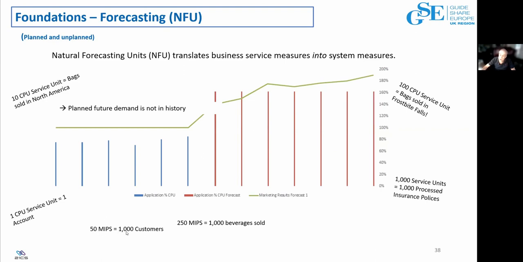If you had a marketing forecast that you're going to increase your business by 1,000 customers, what is going to impact your system? So this is how you would tie the business service to the technical asset, to be able to predict where you're going to go on your hardware in order to ensure you have enough scalability and meet your service levels.